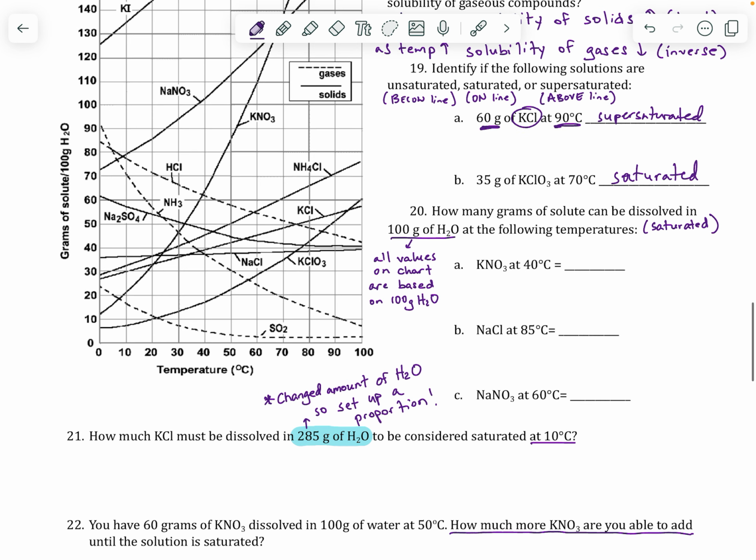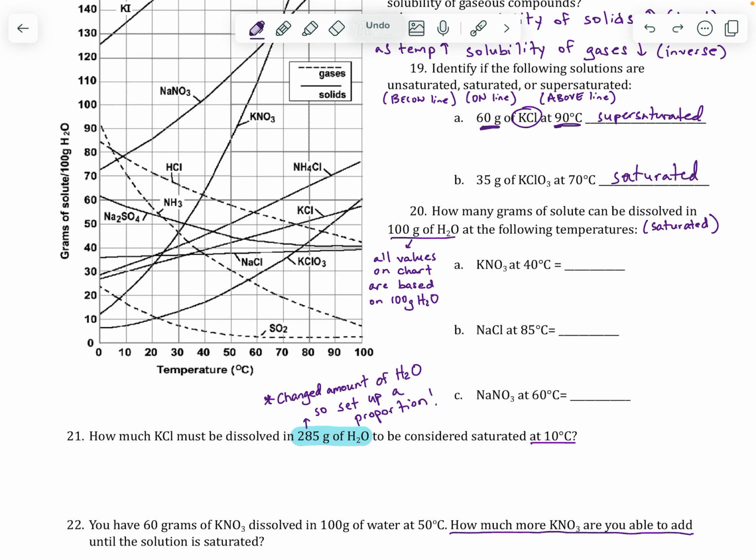So how many grams of solute can be dissolved? In this case, remember, all values on the chart are based on 100 grams of water. That's our baseline amount of water that we're using. So if it ever says 100 grams of water, you can just ignore it, knowing that the chart shows all of these masses based on that. I'm just looking at where those lines are hit at these temperatures.